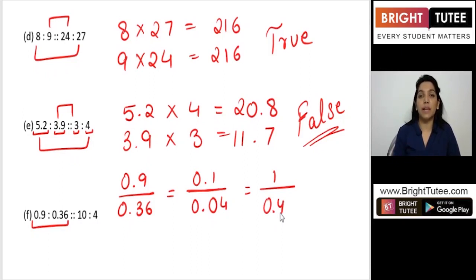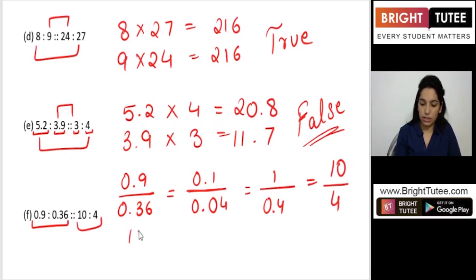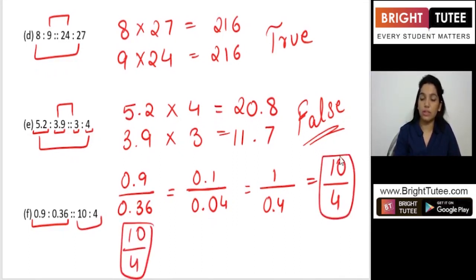Because here again I still have a decimal number at the denominator, let us multiply it again by 10. So it will be 10 over 4. Okay. Now what is the other fraction? It is 10 over 4. Clearly the two fractions that we have got are the same. Right? The two ratios are the same.